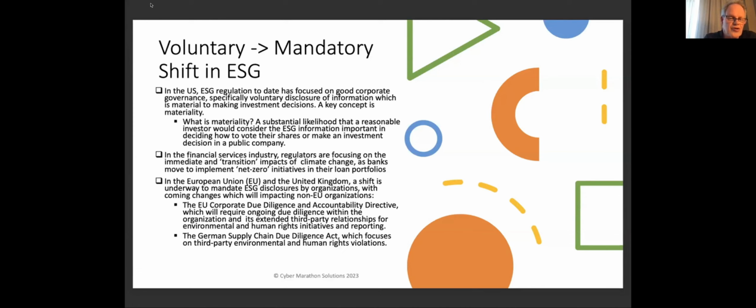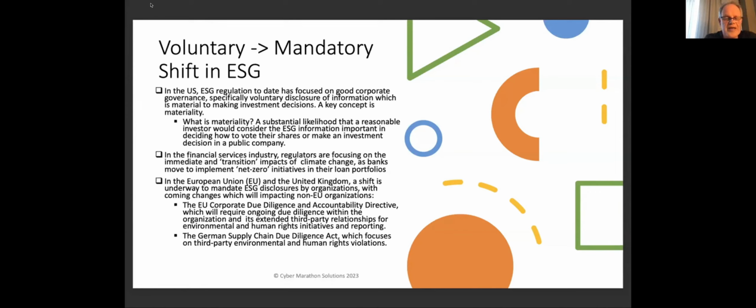If we shift to Europe, the European Union and the United Kingdom have been more aggressive than the US in terms of putting legislation in place, focusing on the ESG topic. And again, primarily environmental and social.